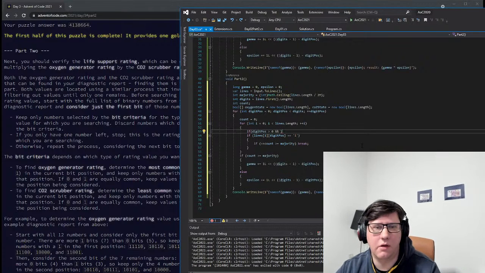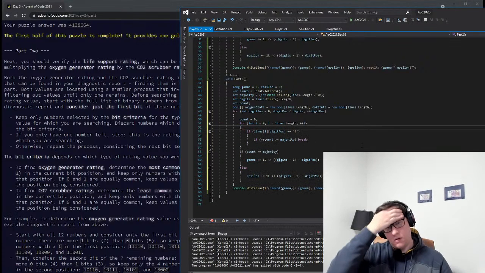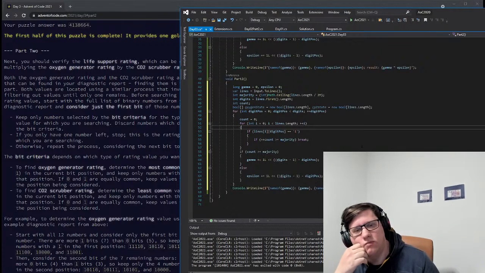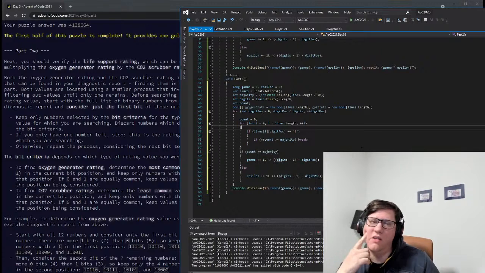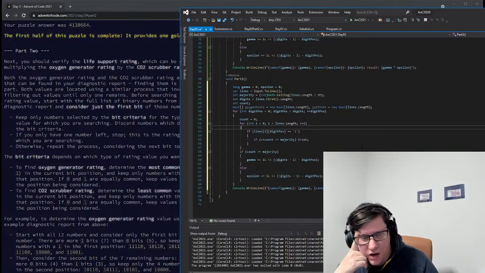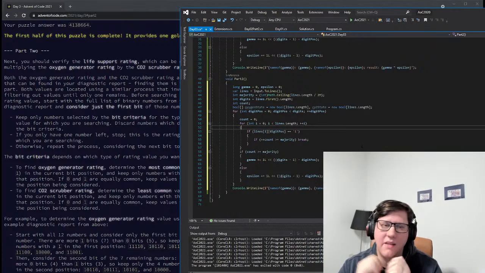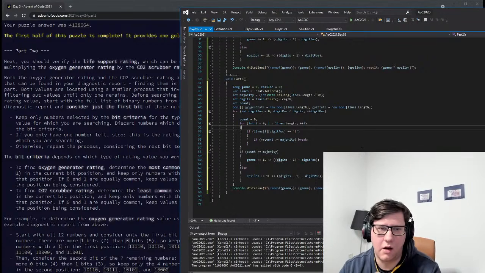Actually, we need to have a count for both, right? This is tricky because I also need to notice the amount of numbers that matches, because we reduce the amount of lines that match. So we need to actually keep track of how many there are for each of them. And so the majority also changes because it's different for both as they change.